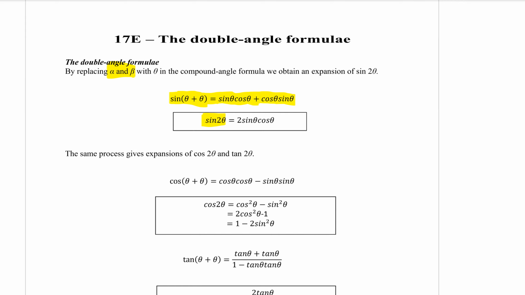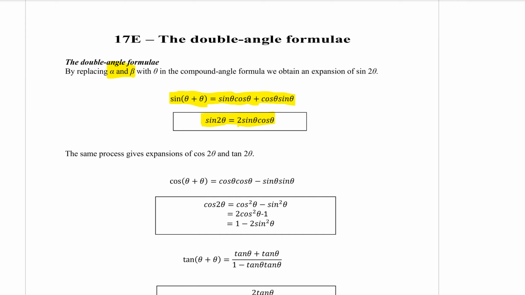But because they are both thetas, for each of those we have sine theta, cos theta, and in a different order we have sine theta, cos theta for this second term as well. So really, we have just got two lots of sine theta, cos theta. And that's it. That is the double angle formula for sine 2 theta. Sine 2 theta equals 2 sine theta cos theta.